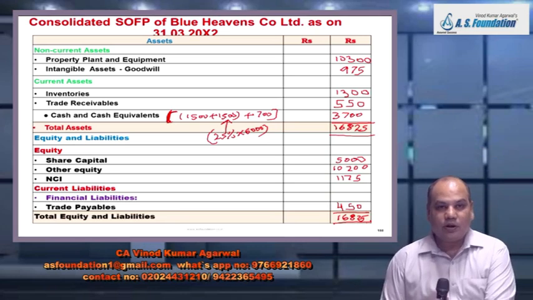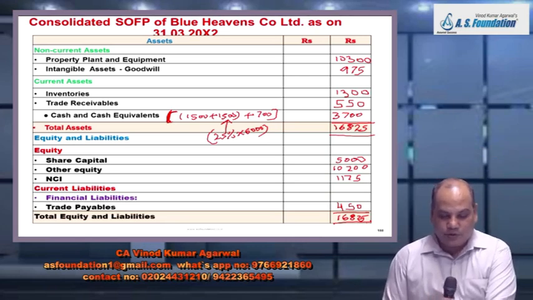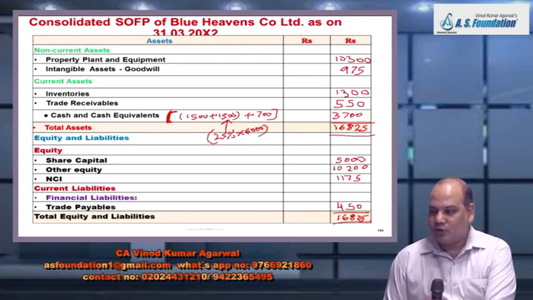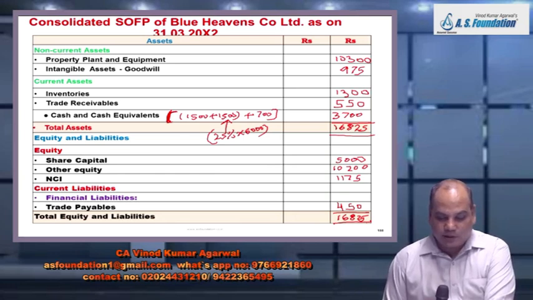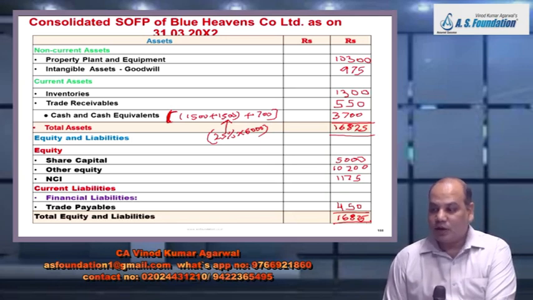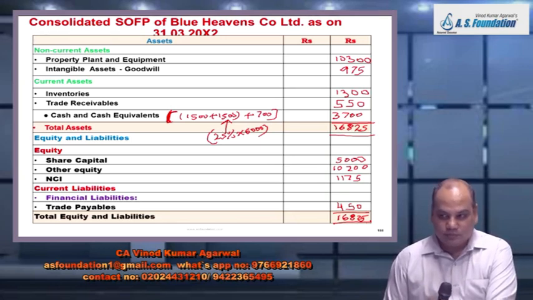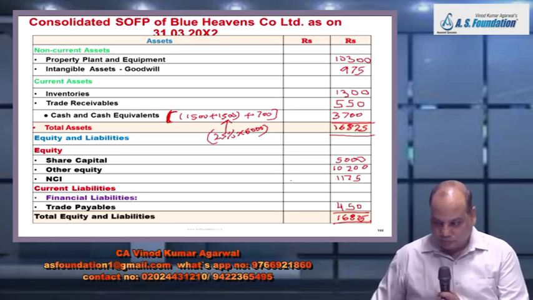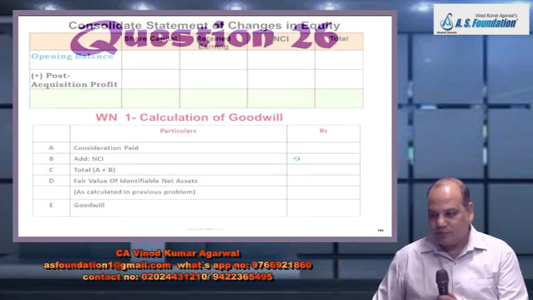Blue Heavens Limited acquires 75% of Orange County Limited, which means this balance sheet is the opening balance sheet, what you see on the screen right now. Is it right? And then Blue Heavens Limited paid 4,500 lakh for the share. That is also done. On 31st March 2013, that means after 1 year.